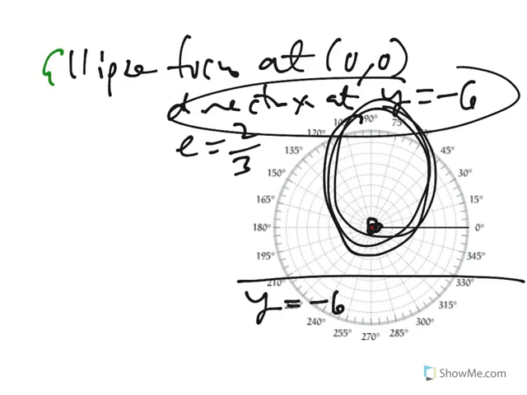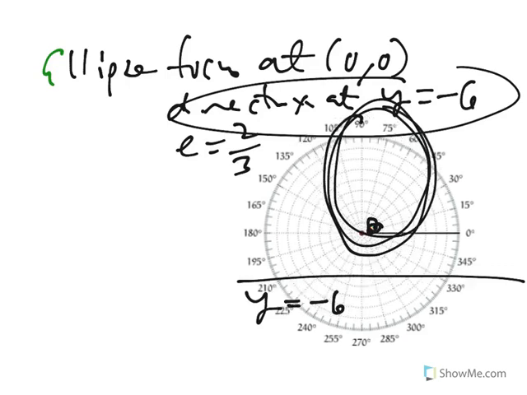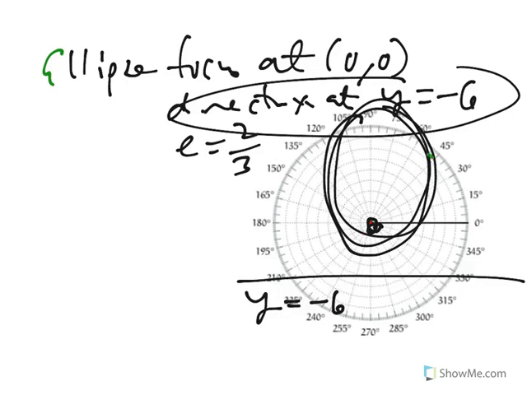Now to find the equation in polar, I pick a random point on the ellipse and call that point r comma theta. Now I try to find a relationship. I'm going to make this line here, and that's r, if this is r theta, and theta is over there.